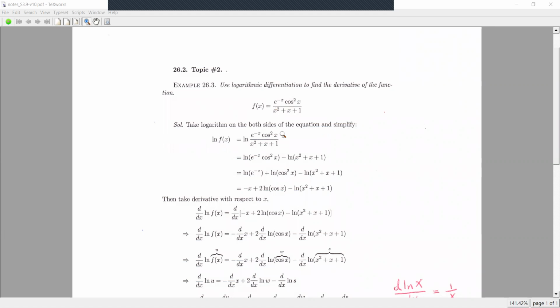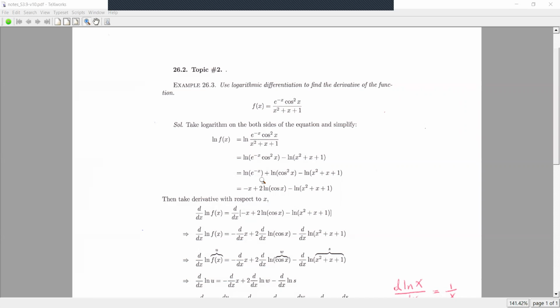Because this function is a quotient, and natural log reduces a quotient into a difference, I have this equation. This function is a product. Natural log reduces a product into a sum. Then I have this equation. Natural log and e cancel.